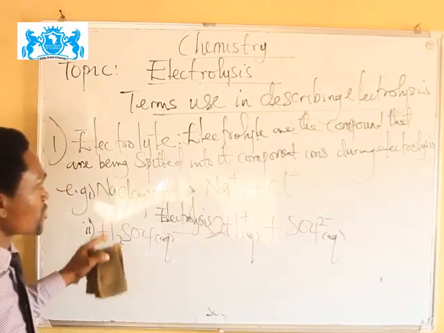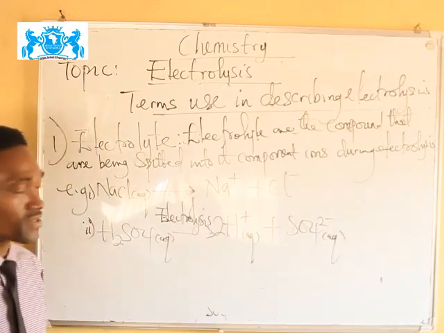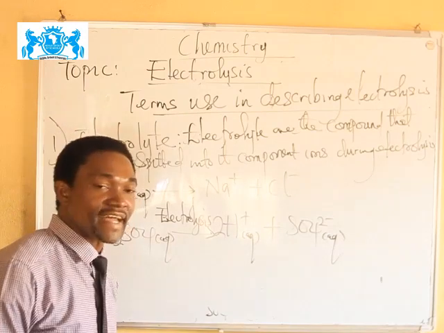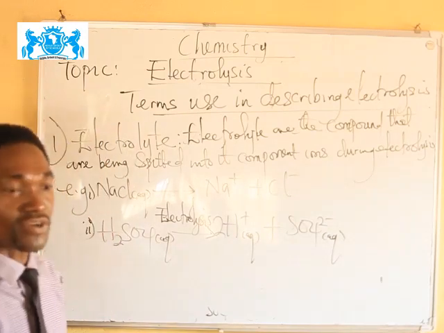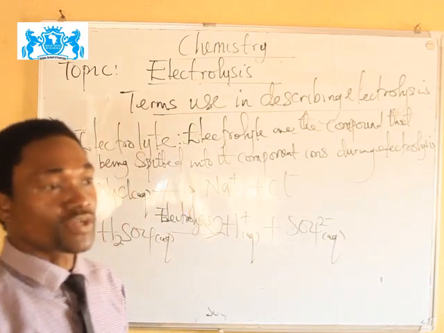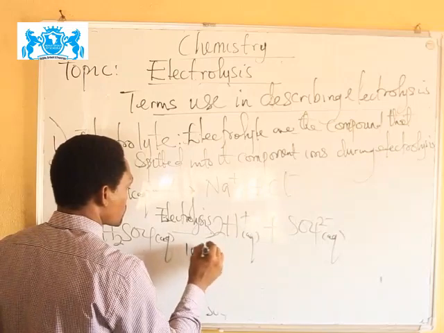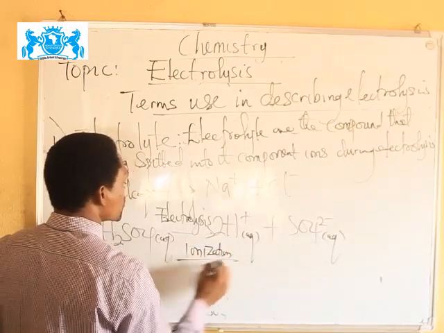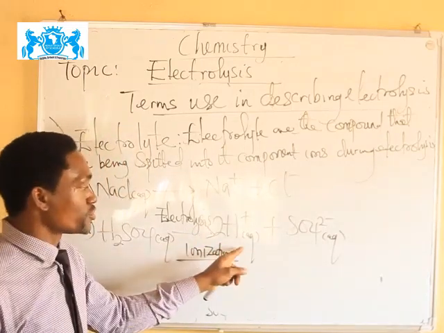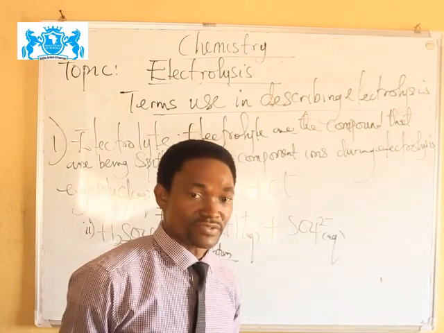First, the compounds are split into their component ions. So the compounds undergo ionization, that is, being dissolved in water to produce their component ions.